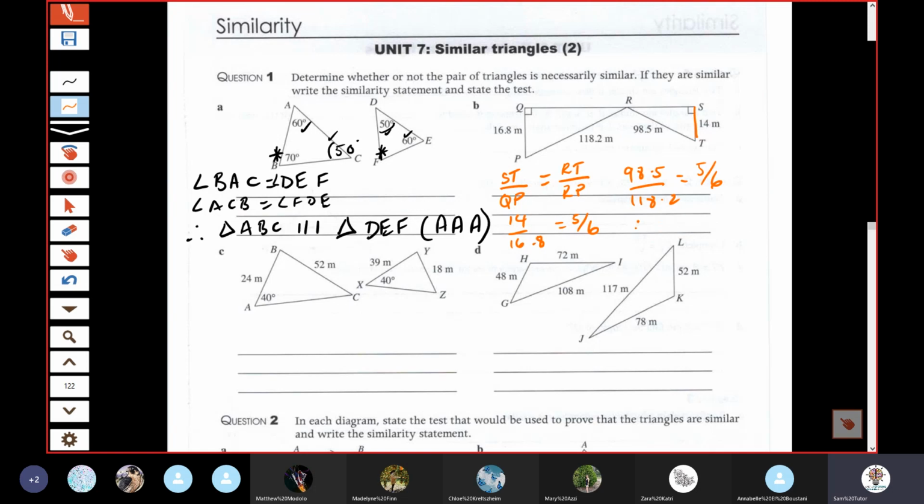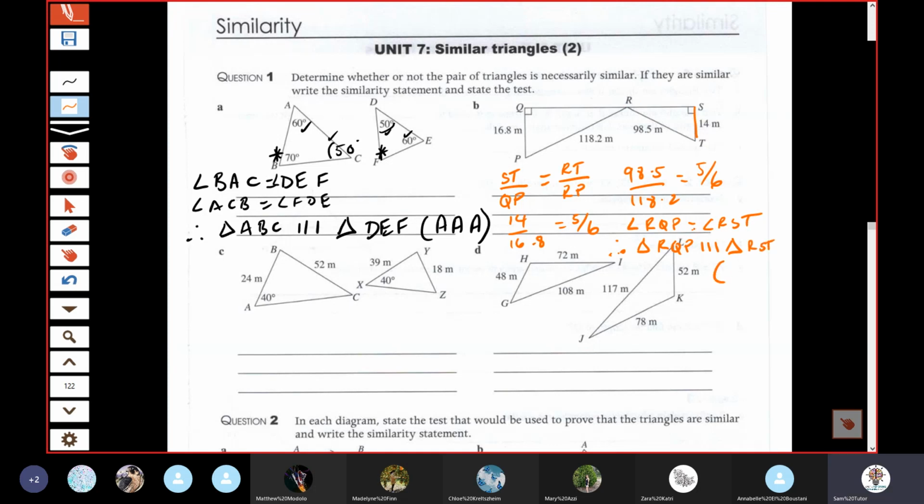Therefore, wait, one more. Angle RQP also equals angle RST. Therefore, triangle RQP is similar to triangle RST.